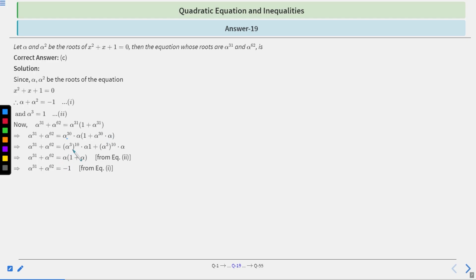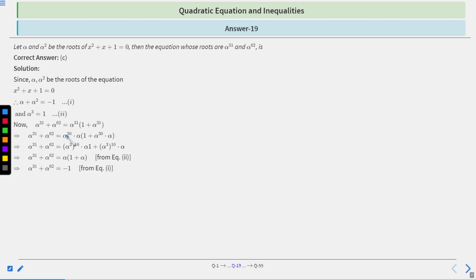And alpha to the power 30 can be written as alpha cube all to the power 10, right? So alpha to the power 31 plus alpha to the power 62 can be written using the fact that alpha cube is 1, right? So it is equal to alpha times 1 plus alpha, right? Clear?